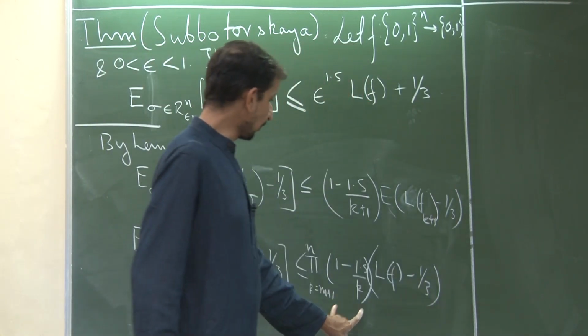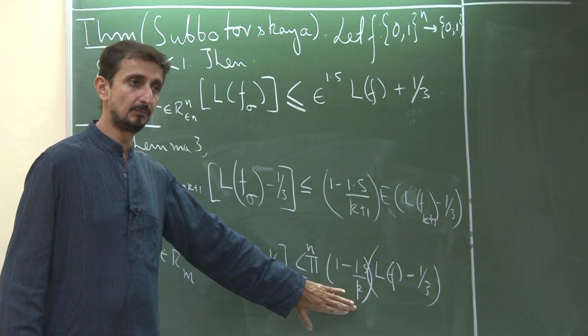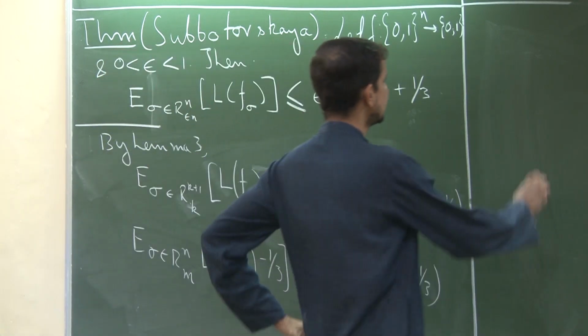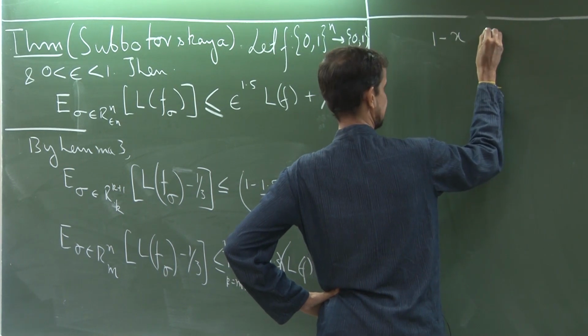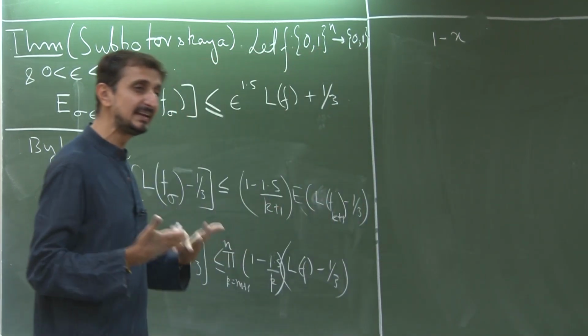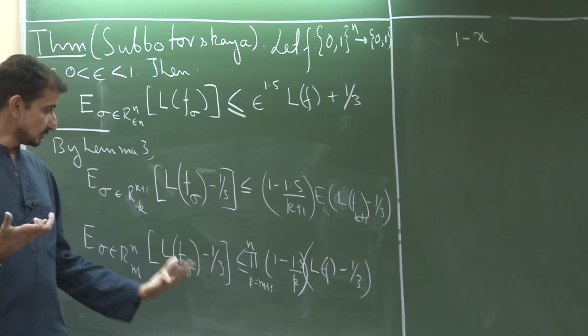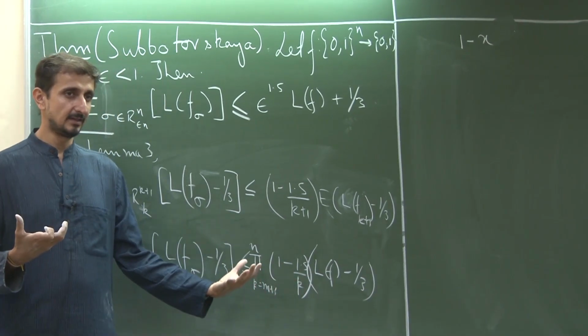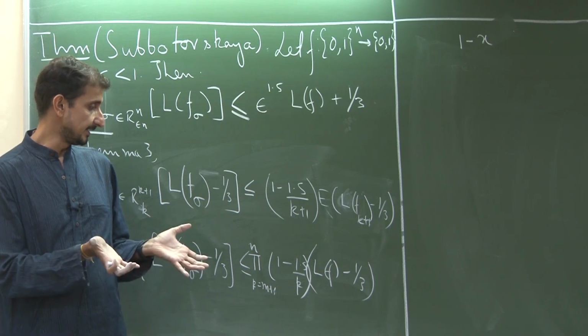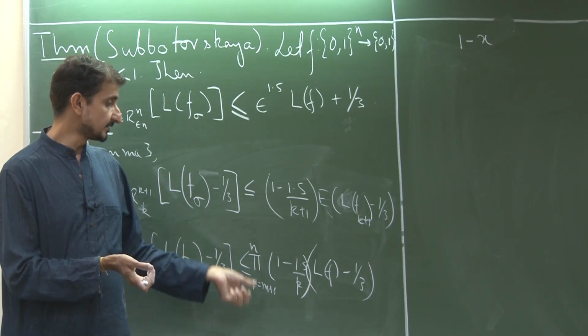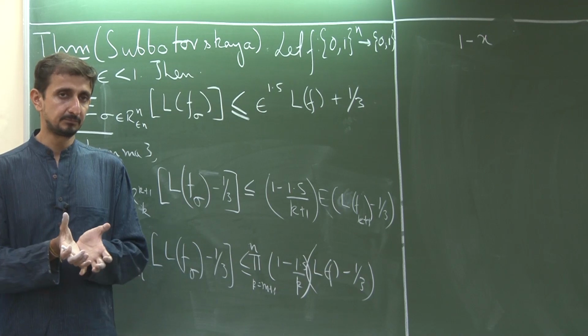So this quantity, what does this evaluate to? What kind of inequality do I need to use over here? I have some products, and I want to bound this product by some function of n and m.